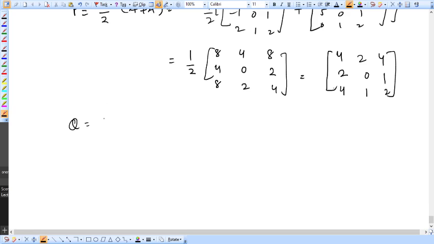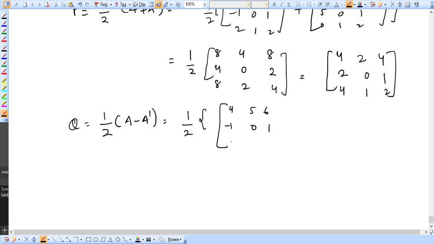Now similarly find out Q. Q is equal to half of A minus A transpose. You see what A is: A is equal to 4 5 6, minus 1 0 1, 2 1 2, minus A transpose, which is 4 5 6, minus 1 0 1, 2 1 2.